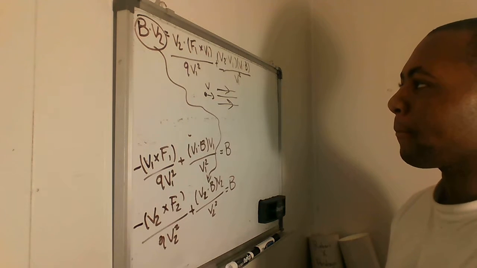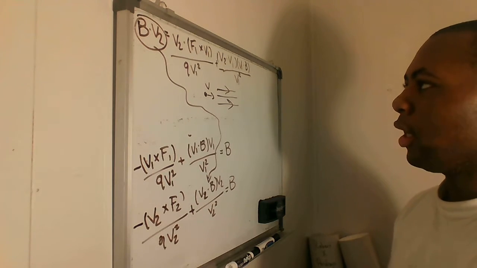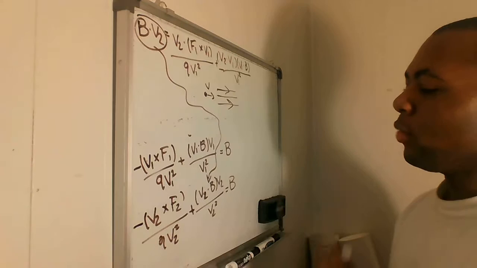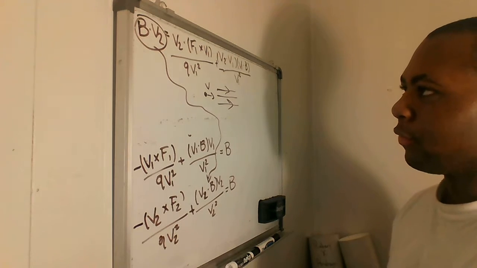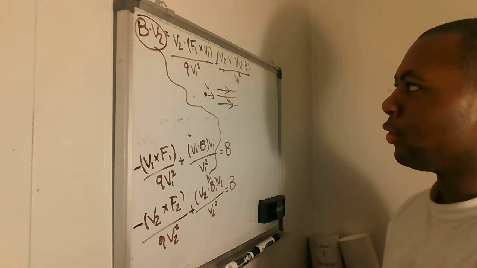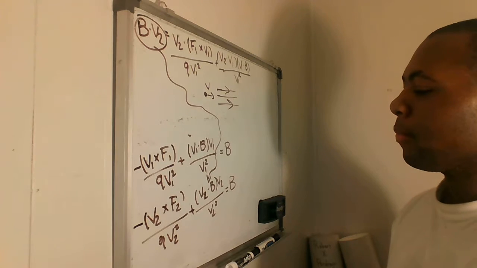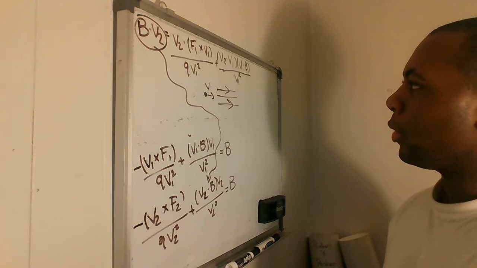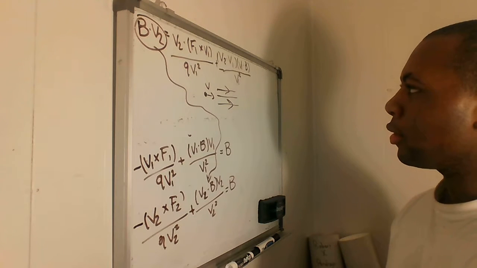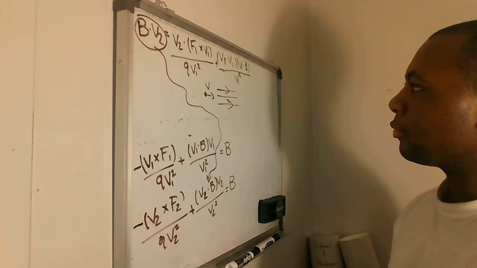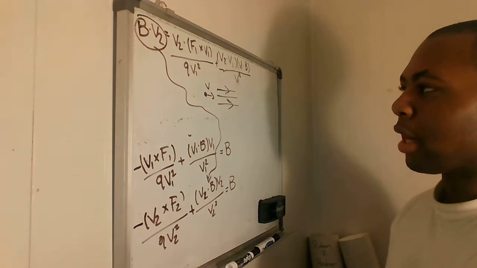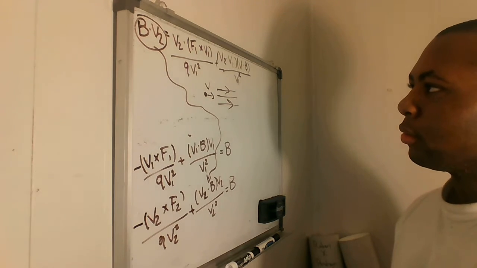The way of simplifying this is that we could say that F1 cross V1 is perpendicular to V2. That'll save us some time. But will that help us in the long run? I don't see why it couldn't.